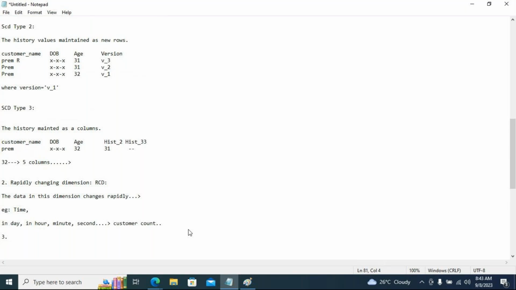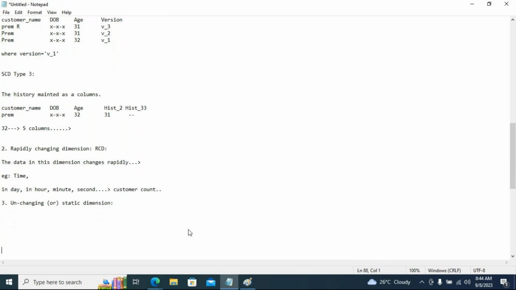So, unchanging or static dimension. The third one is an unchanging or a static dimension. So what is meant by unchanging or static? The data in these dimensions is constant.